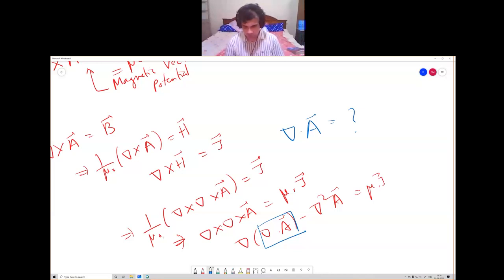Finally, note one equation which we will not derive, but this will be useful when we study antennas.